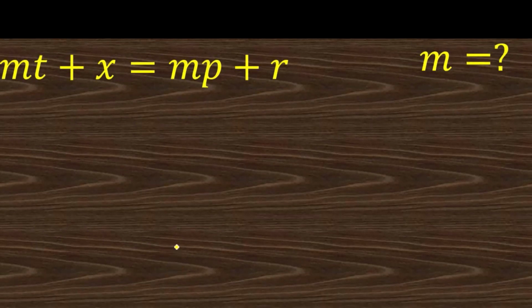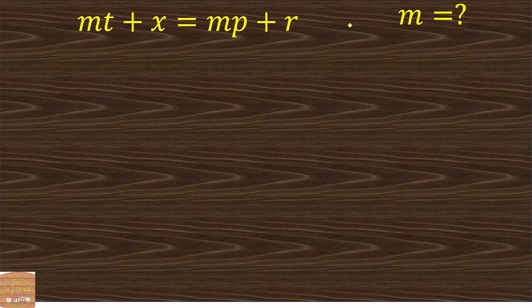Now we have the expression mt plus x equals mp plus r. So this one too, we have to make m the subject. We have m on my left and we have another one on my right.